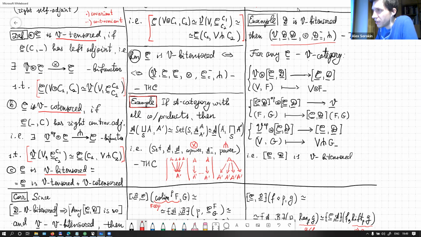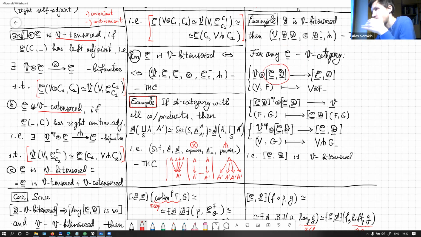After this, I am taking any category C, and I am considering the category of all functors from C to D. Then, since my D is bitensored, I can redefine tensoring and cotensoring on the functor category pointwise. That's it.